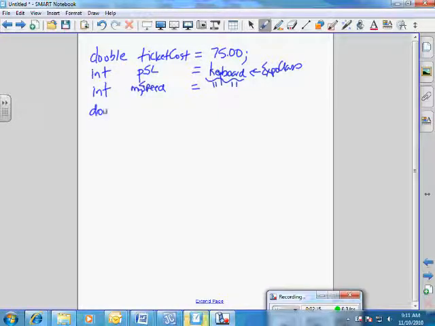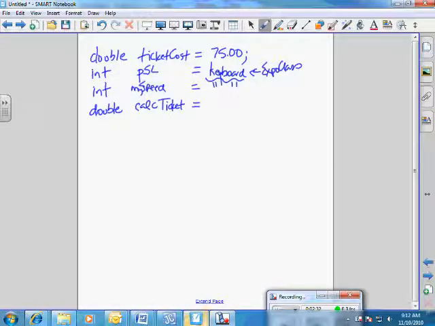Then you're going to have a place to store the calculated ticket cost, right? So you can call this one something like calculated ticket cost.